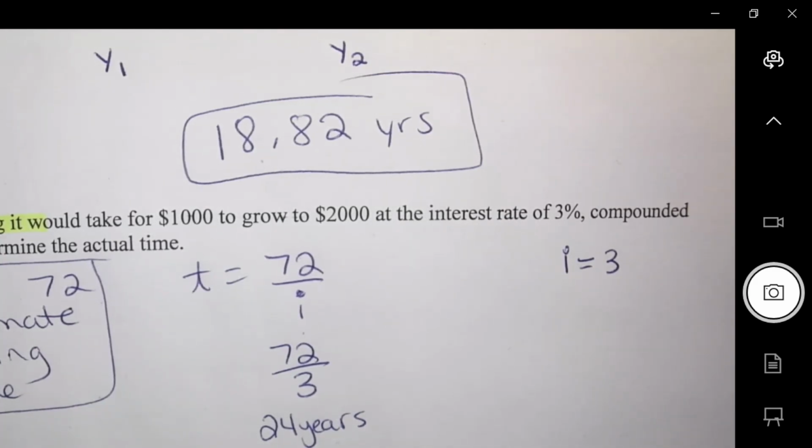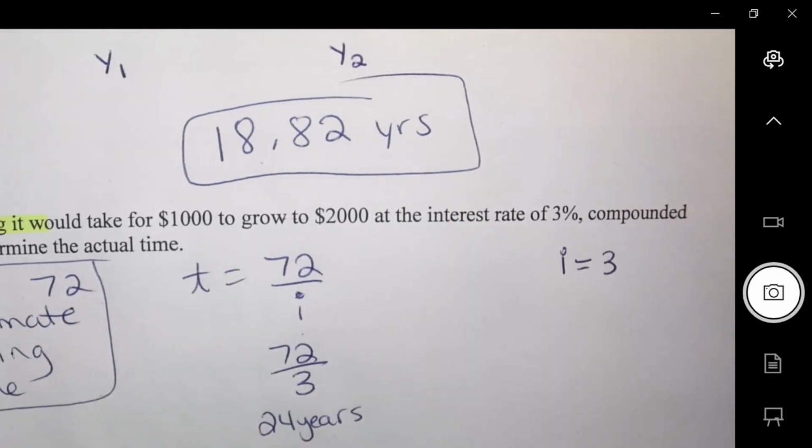Sometimes, did you notice questions that I put on your tests were, if this person started with $1,000, how old are they going to be when they get 8 grand? Could you figure that out? How old would they be when they get to 8,000?